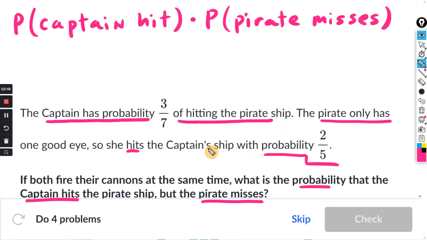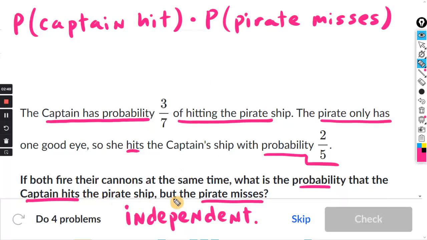Now, why am I multiplying these? Well, they both fire at the same time. So these events are independent. One does not affect the other because they both fire at the same time. So these are independent events. That means we're just going to multiply them.